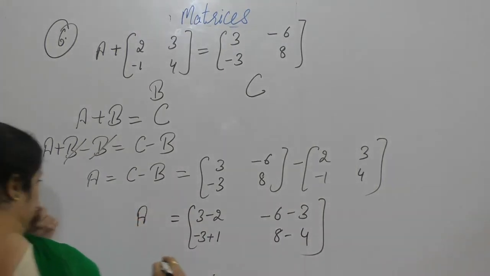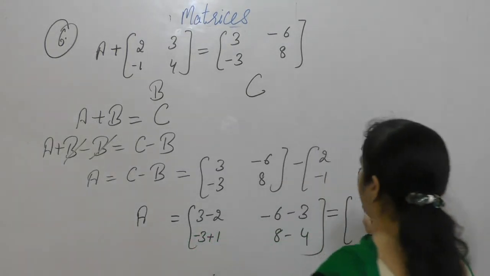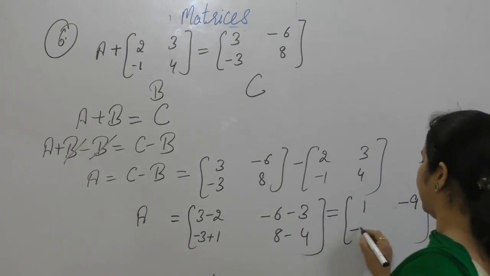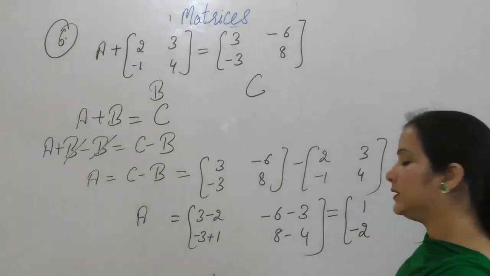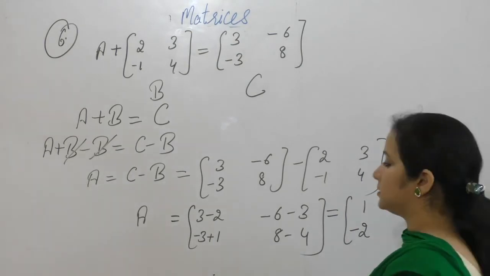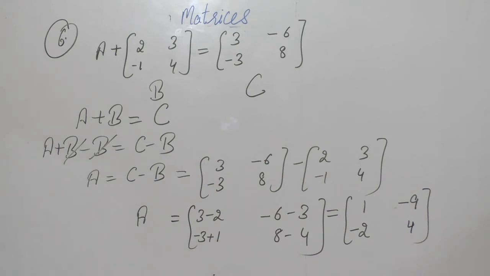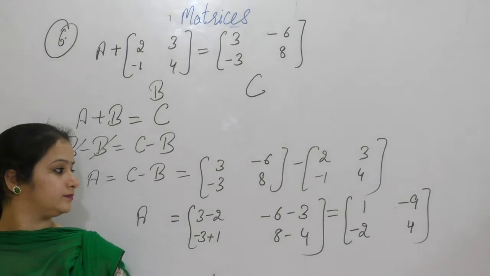So matrix A is equal to 3 minus 2 is 1, minus 3 minus 3 is minus 6, minus 6 plus 1 is minus 5, and 8 minus 4 is 4. So matrix A is equal to 1 minus 6, minus 5 4.